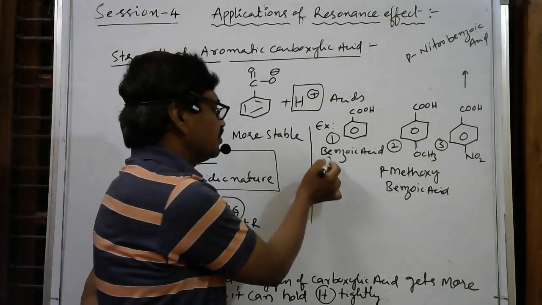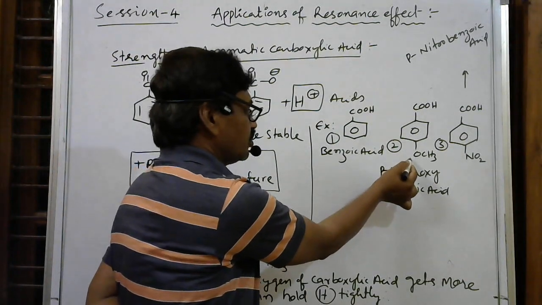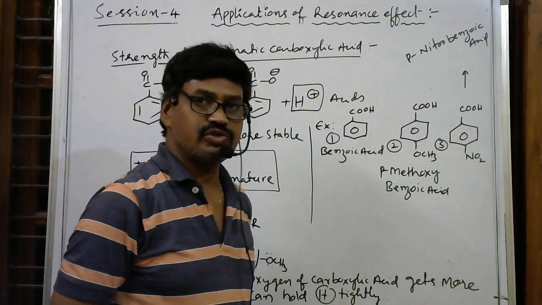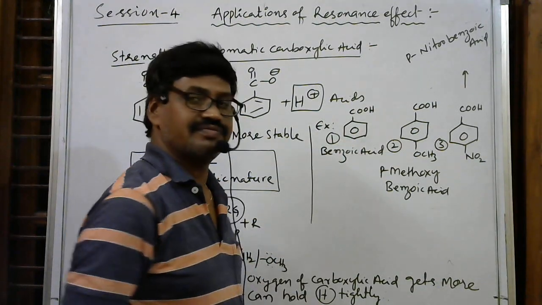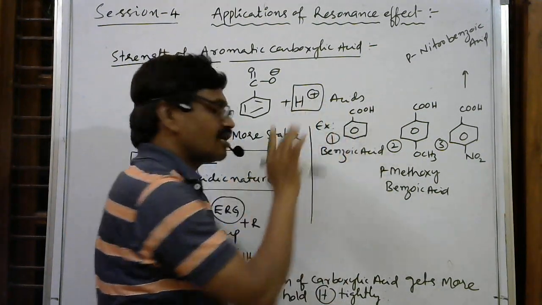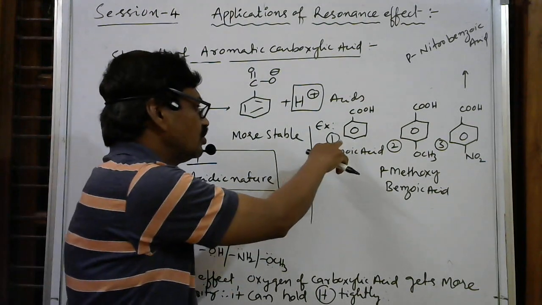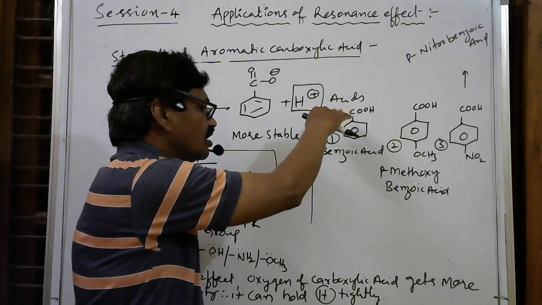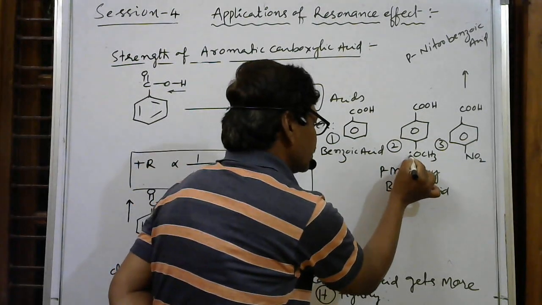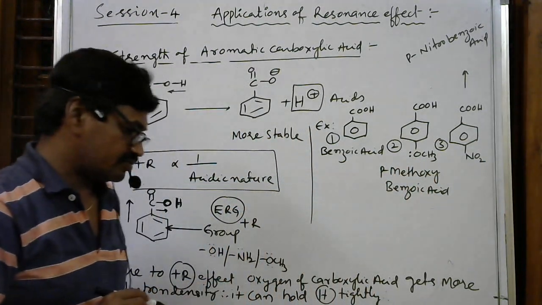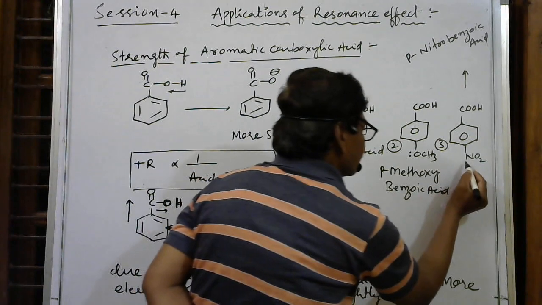Here, this is benzoic acid, this is methoxybenzoic acid, and this is nitrobenzoic acid. If they ask the order of acidic nature of these three, this is just normal benzoic acid. There is no electron releasing group or electron withdrawing group. But here in the OCH3 group, there is a lone pair of electrons. Here is the nitro group.